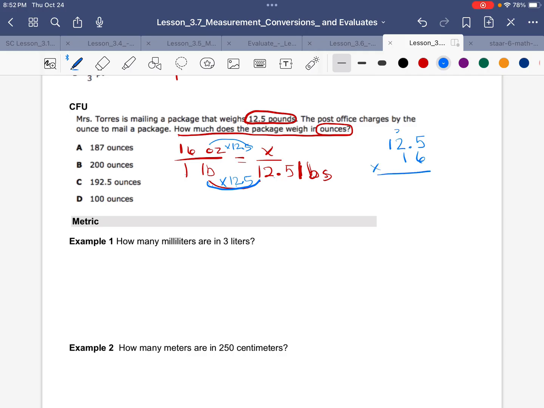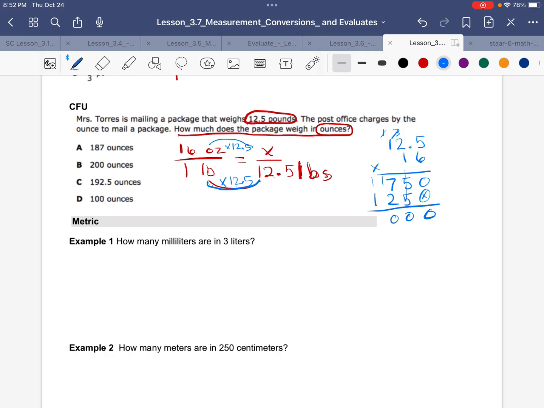Put your placeholder there or your 0 because we're starting here. You got 1 times 5 is 5. 1 times 2 is 2. Let's add it up.